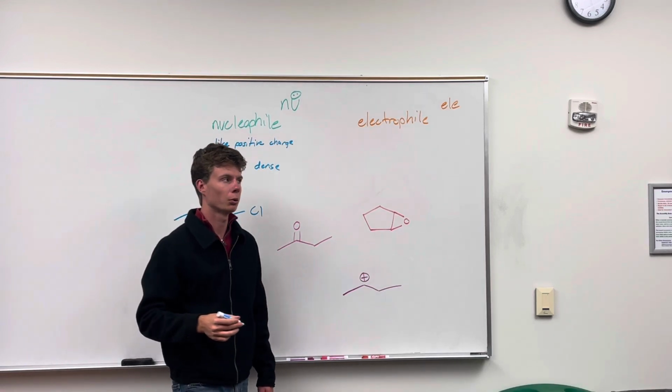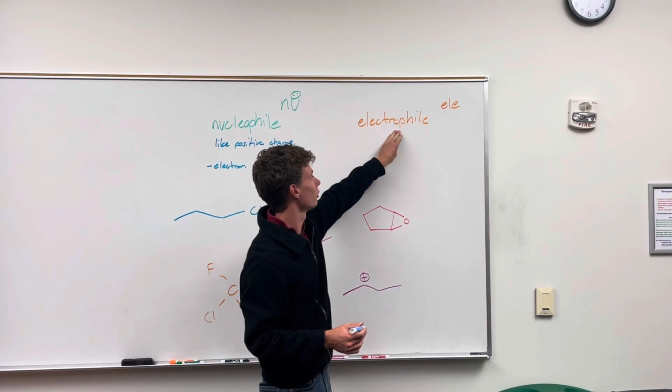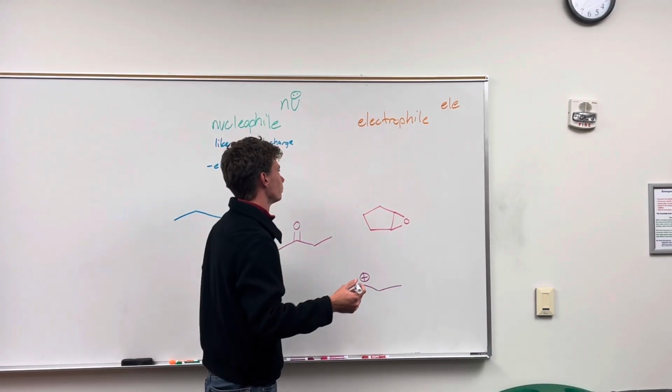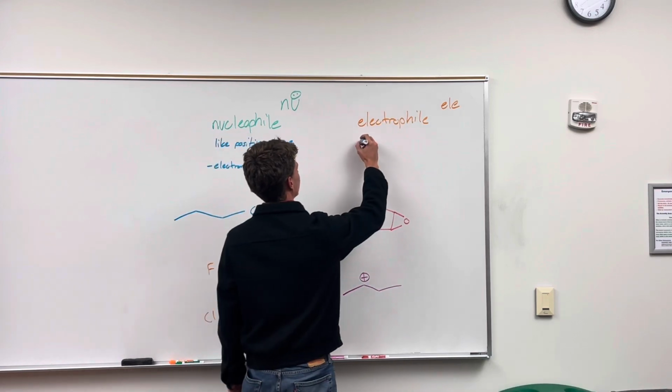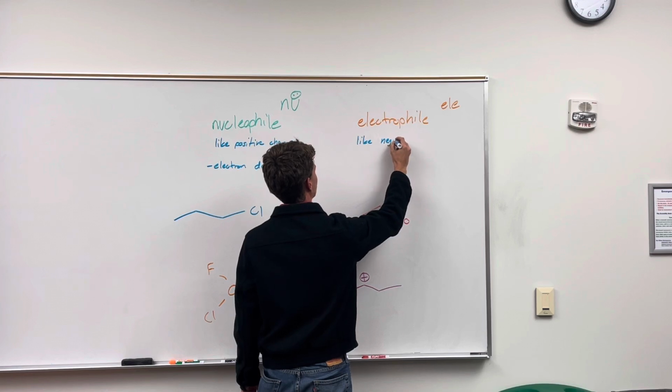What are electron poor areas? Electrophiles. Electrophiles like electrons. Okay? All right. So they like negative charge. They're attracted to negative charge.